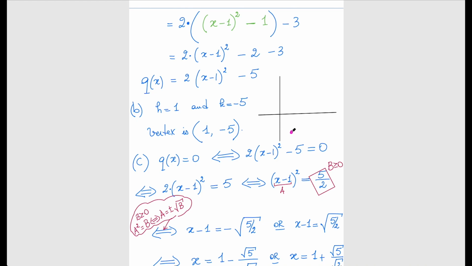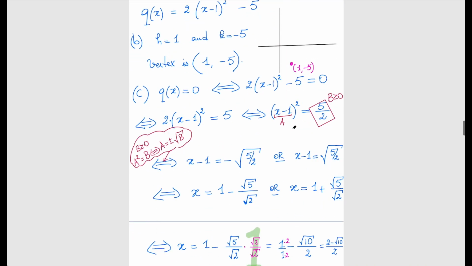1 comma negative 5, so somewhere, let's say here, right? So this is the point 1 comma negative 5. The x coordinate is 1, the y coordinate is negative 5. Okay. I know that the parabola is going to open upward because the a is positive, right? So it's going to open upward. And then it's going to cross the y-axis somewhere.